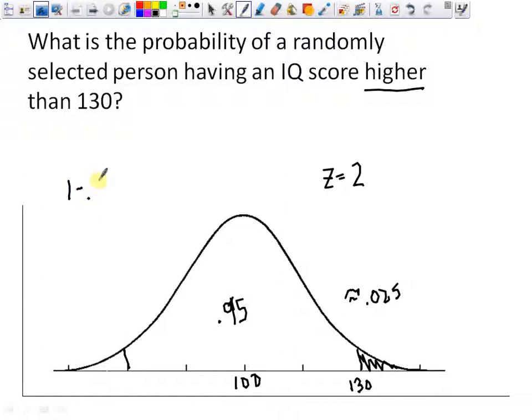So 1 minus 0.9772 is 0.0228, about 0.025. Notice that that's pretty close to what we got using the empirical rule. The empirical rule is an approximate, and using the z-table will give us a more accurate answer. So let's look at another example.